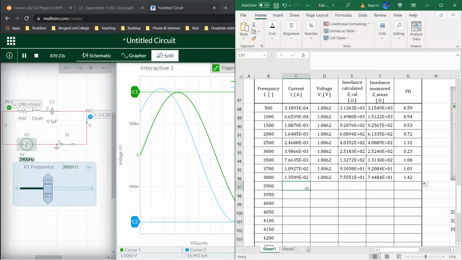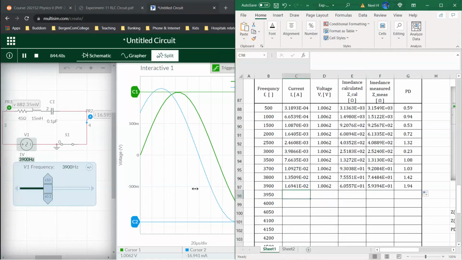Current is now about 16 milli, 0.016941. Voltage remaining the same. This we can click and drag as usual. Any error is actually reading error, okay? Because I have to place it exactly, and we are close to that peak point. So that small difference creates that error, okay?